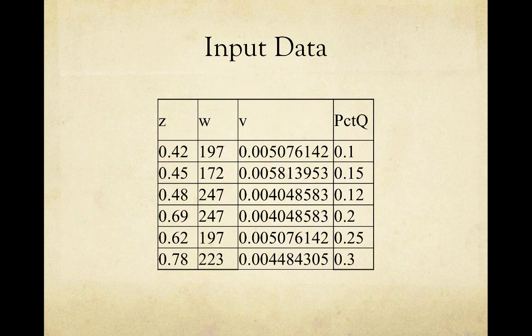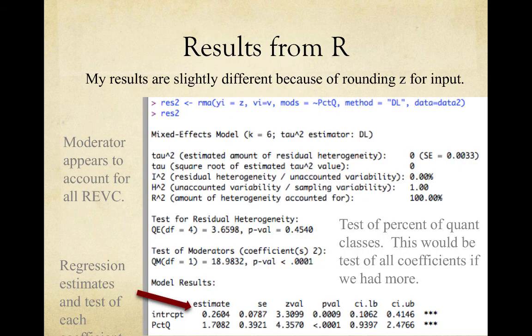Okay, so here's the input. I showed you the Z and W, and V is 1 over W, and here's the percent quant as I showed you earlier. And what we would do to get metafor to calculate this for us, we would say rma, for the R meta-analysis, that's the metafor command, yi equals Z, vi equals V, mods.